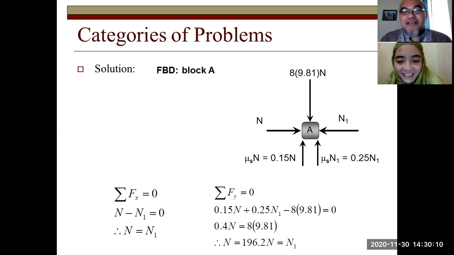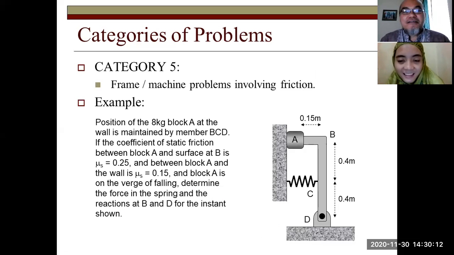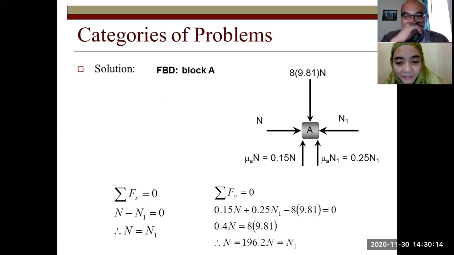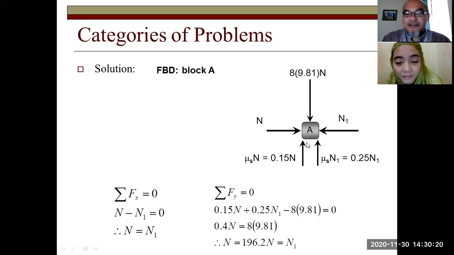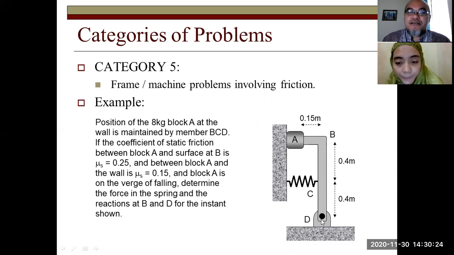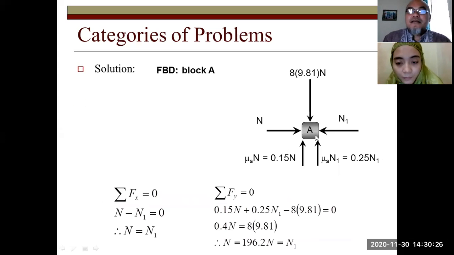So here at block A, we draw the free body diagram. The first N comes from the wall. Then the second, we draw it as N1 from the member BCD. Then the weight itself, 8 kilogram times 9.81 Newton.